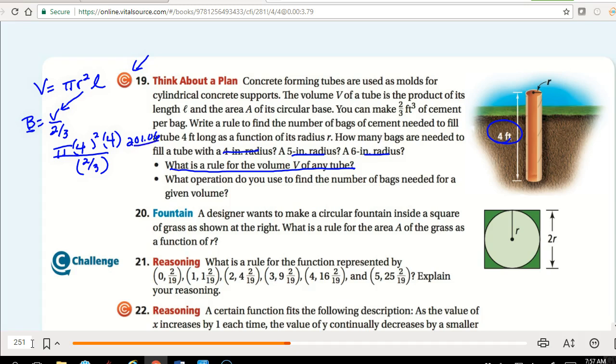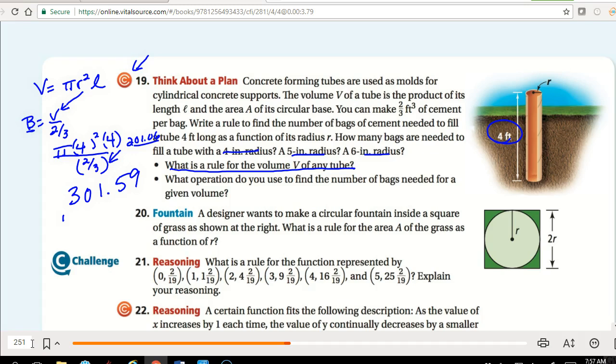Then you're going to divide that by, and please make sure you use parentheses here, parentheses 2 divided by 3, because every 2/3 of a cubic foot requires a bag of the cement. When you divide that, you end up with something like 301.59, or you could say 0.6. I don't know that it said any specific way.